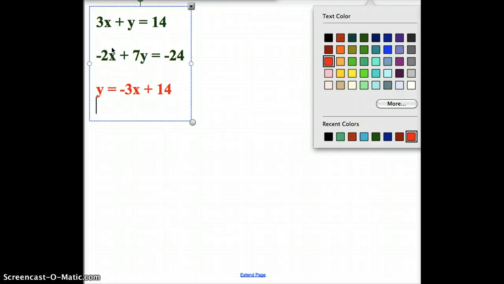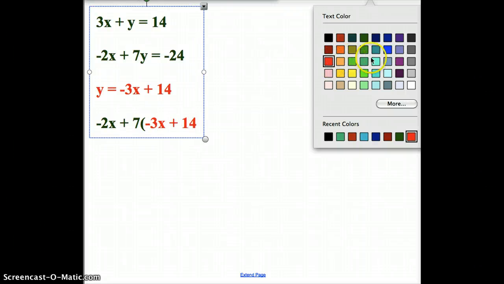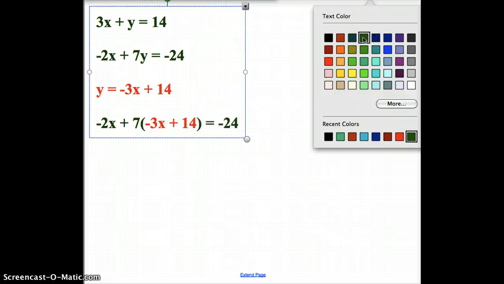Then you'd rewrite the bottom equation using the information we just came up with: negative 2x plus 7 times the sum of what y is, which we now figured out to be negative 3x plus 14, equals negative 24.